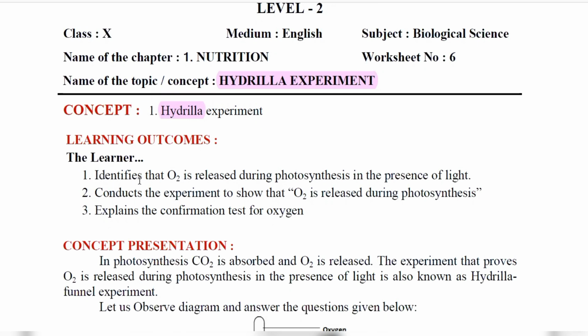The learner identifies that oxygen is released during photosynthesis in the presence of sunlight, and he conducts the experiment to show that oxygen is released during photosynthesis.